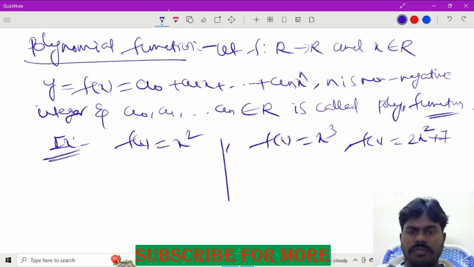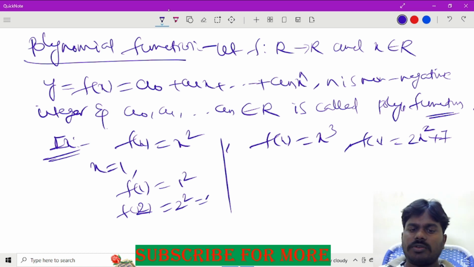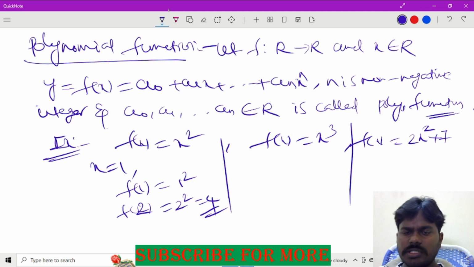So here if I give x equals 1, then f of 1 equals 1 square. If you give x equals 2, then you will get 2 square, which means 4. Okay, so the image of the element 2 through the function f is 4. That is the meaning. So like that we can find the remaining values. So this is the example for the polynomial function.